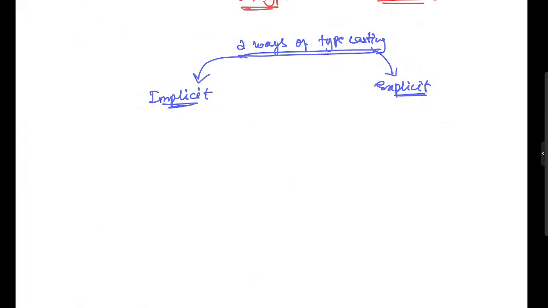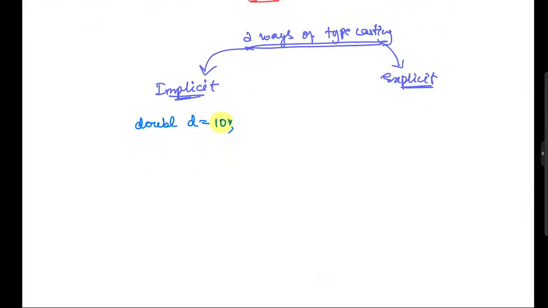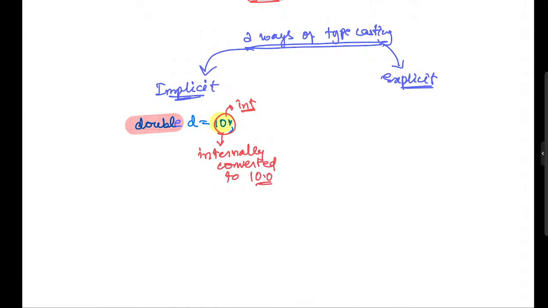In the implicit form, if you have double d equal to 10, by default the compiler knows that 10 is supposed to be an int value, but since it saw that there is a double here, it will convert this particular number internally to 10.0.